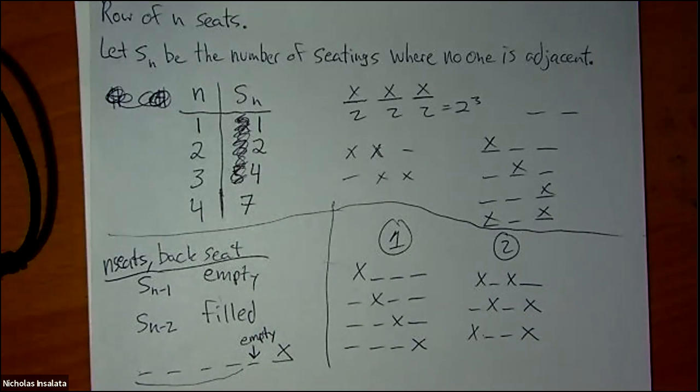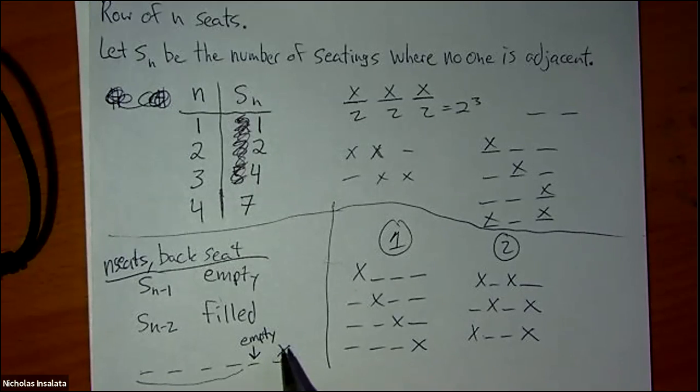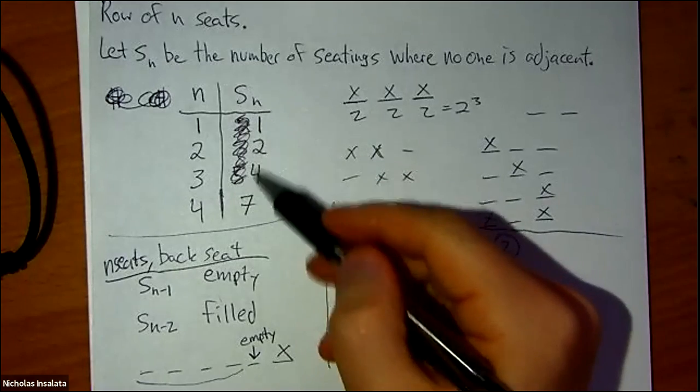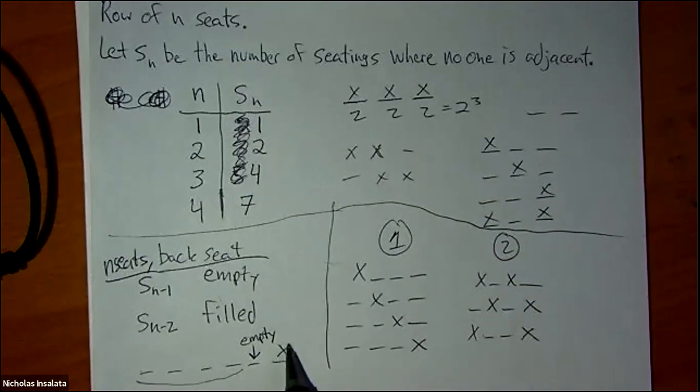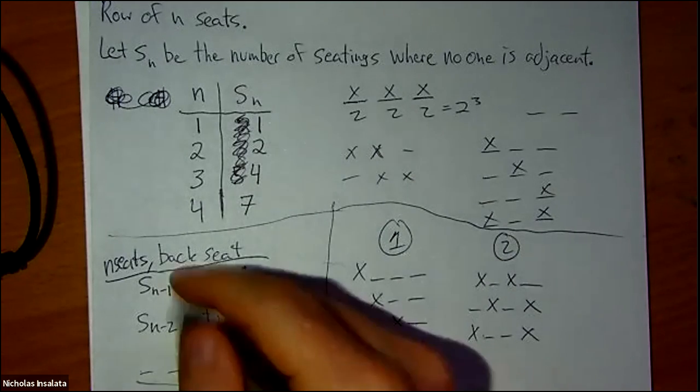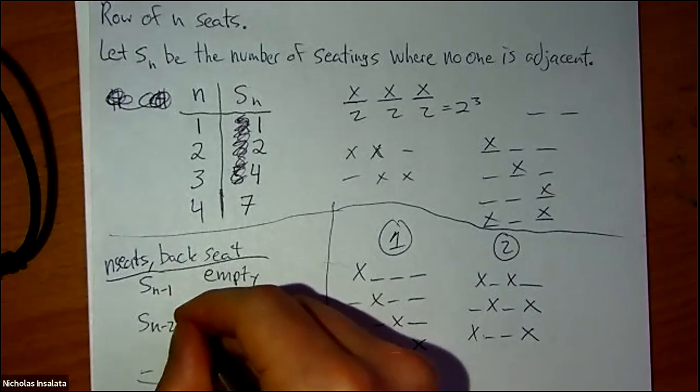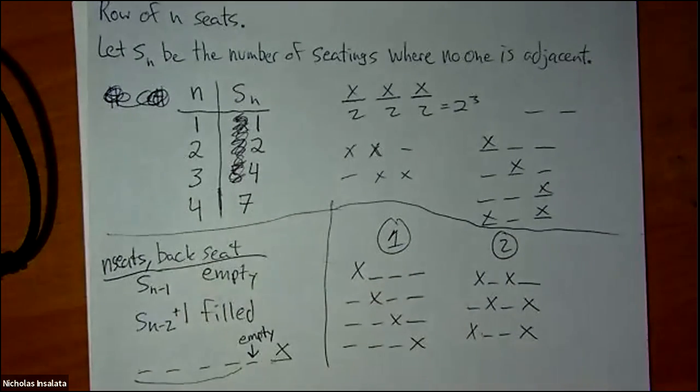See what we missed? Yeah, we could also have all of them be empty because now we have another student in there again, right? So remember, we have to have a student in there somewhere. That was our original mistake. But now that we put this student at the end, there's this extra arrangement where all these seats are empty. So it'd be s sub n minus 2 plus 1.